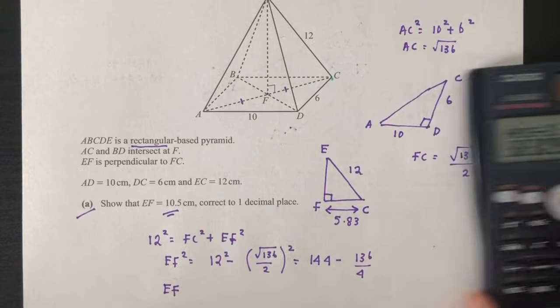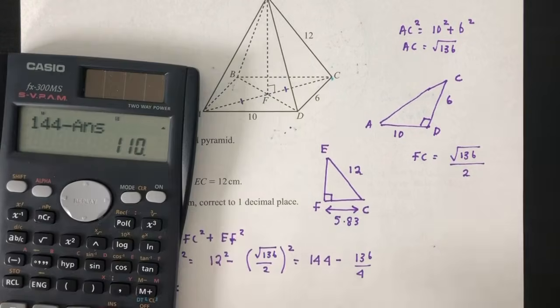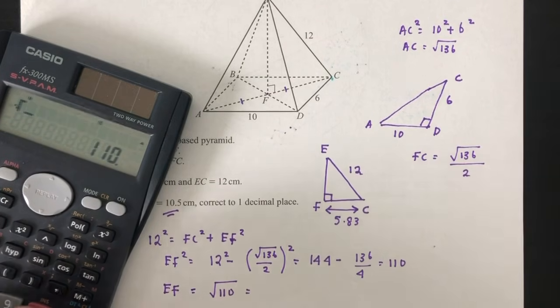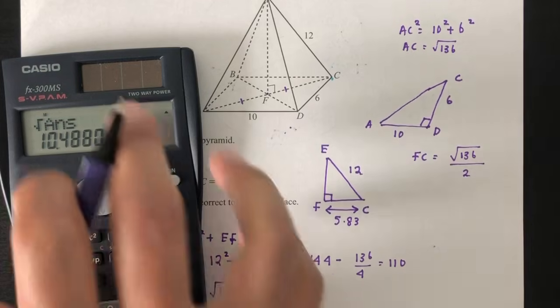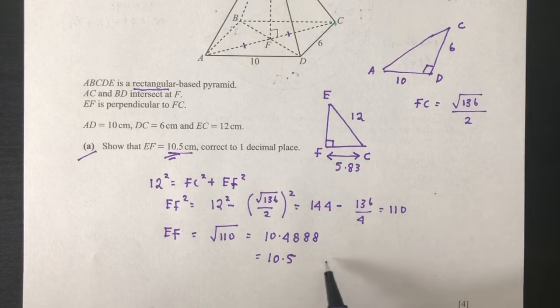So 144 minus 34, that will be 110. So EF will be square root of 110, that will be 10.4888, which is 10.5, correct to 3SF, which is the one that we need. So you write shown for this value.